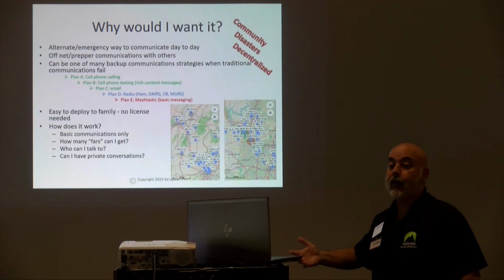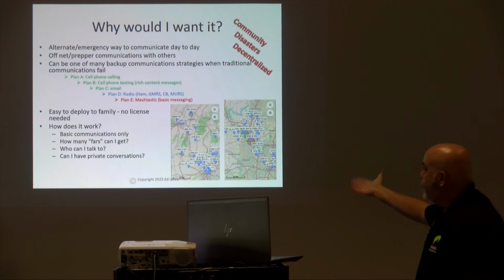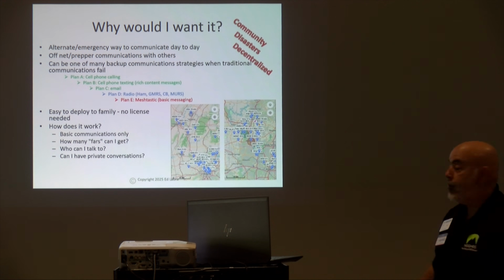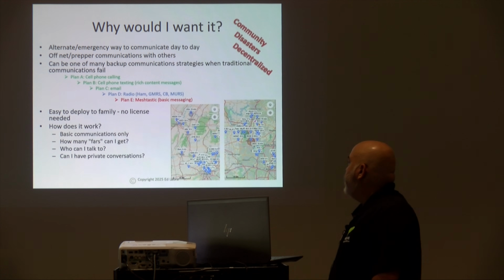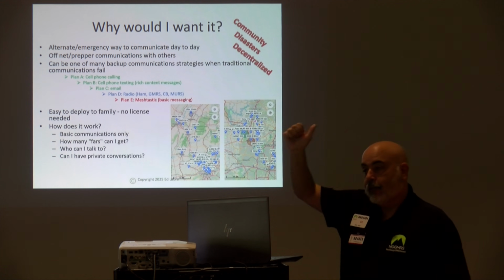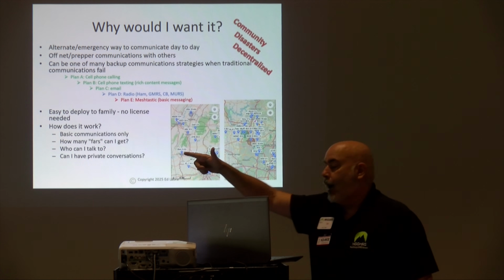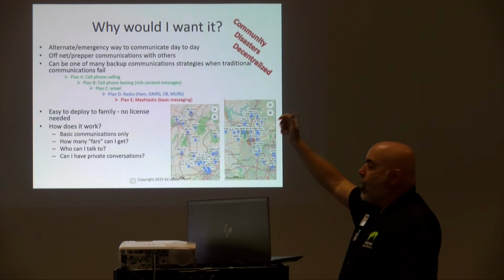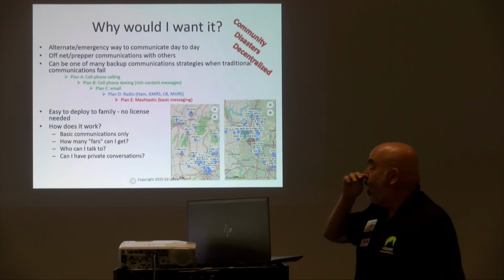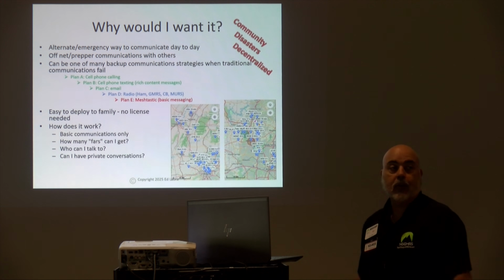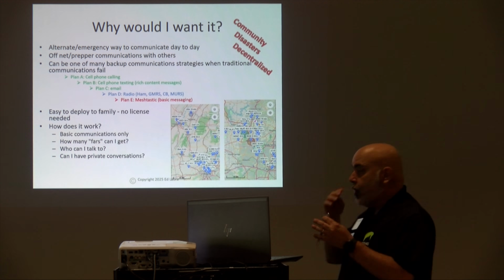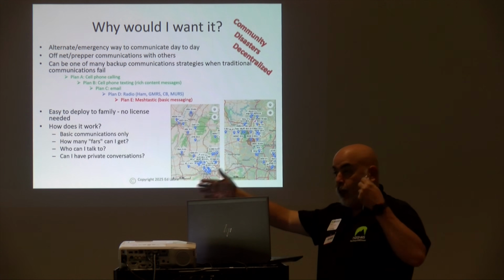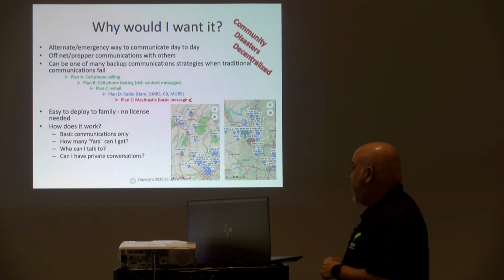I need a repeater, and if the repeater's down, then Plan D is not usable. Okay? And within Plan D, you have GMRS, you have amateur radio, you have CB, you have MURS, you have multiple tools within that layer, but they all share the same thing. They require, for more than nearby distances, some kind of infrastructure.